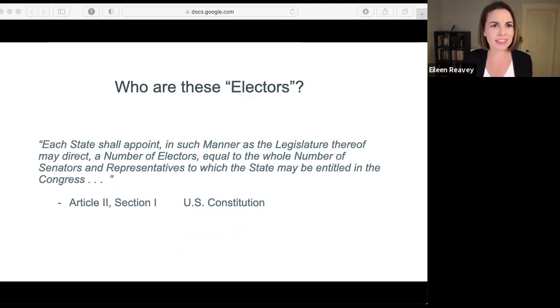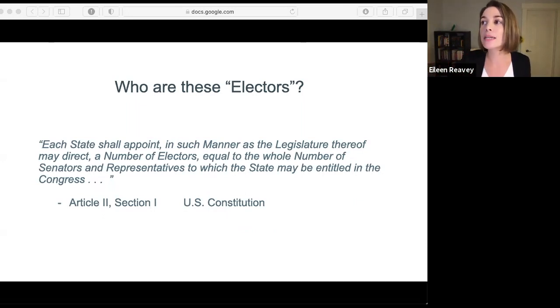So who are these electors? They get to decide who the next US president is, and we might not know who they are from our state. The Constitution gives the explicit power to decide how electors are chosen to the states. Specifically, it says each state shall appoint in such manner as the legislature thereof may direct a number of electors.